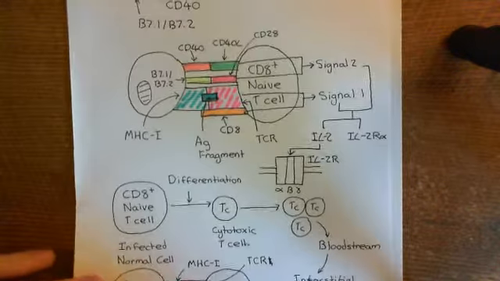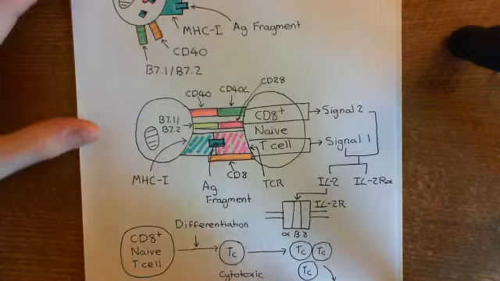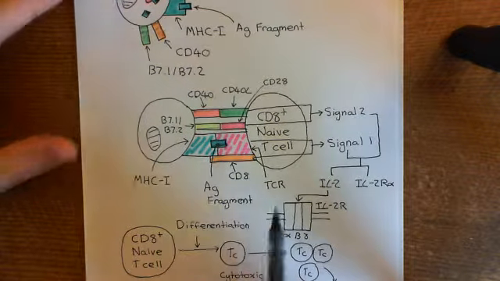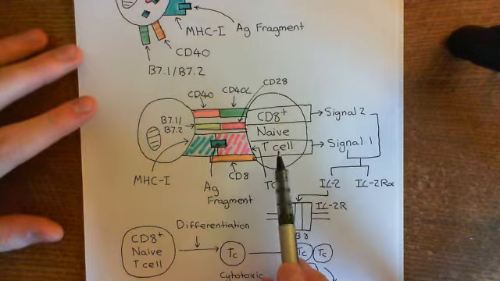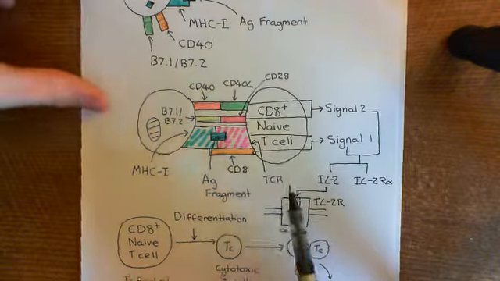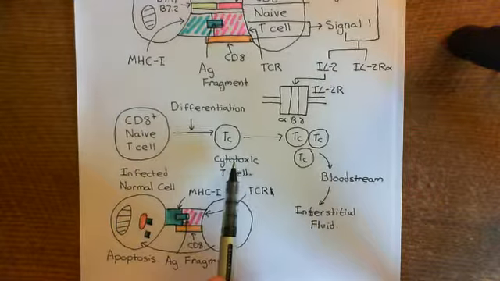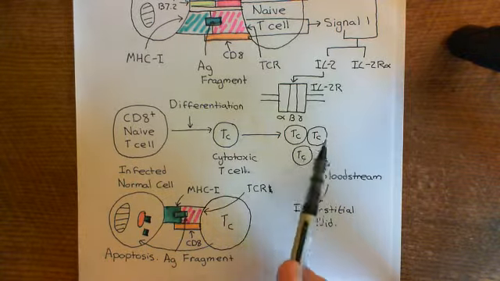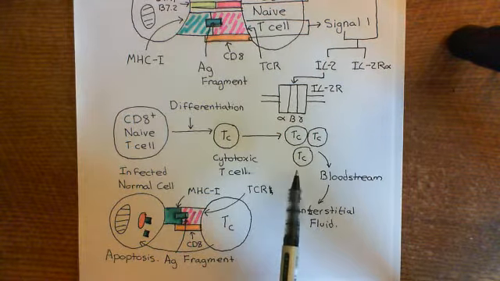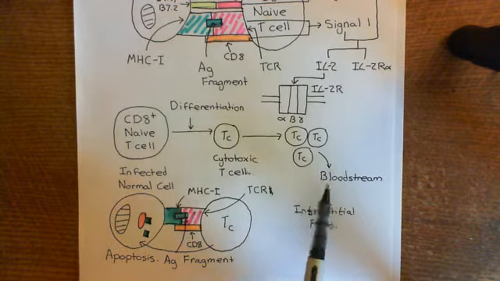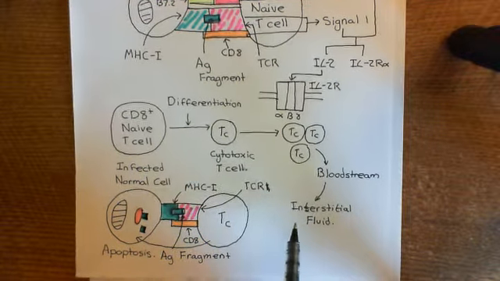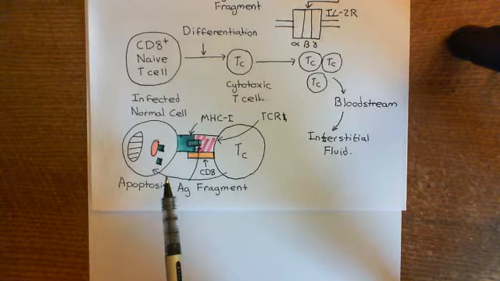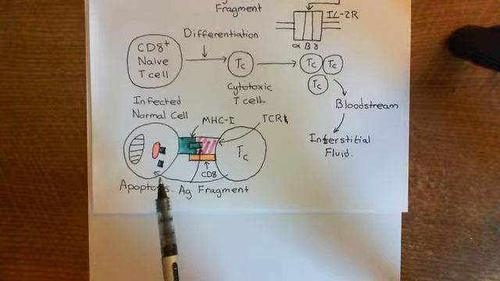And finally, for the cell-mediated pathogen where we were actually intracellular, well, within the cytoplasm, you activated a CD8 positive naive T cell, and then what it did was it differentiated into a cytotoxic T cell, proliferated within the lymph node to make a whole population of cytotoxic T cells, which then went into the blood and were recruited to the site of infection, and then went forth and caused apoptosis of infected cells.